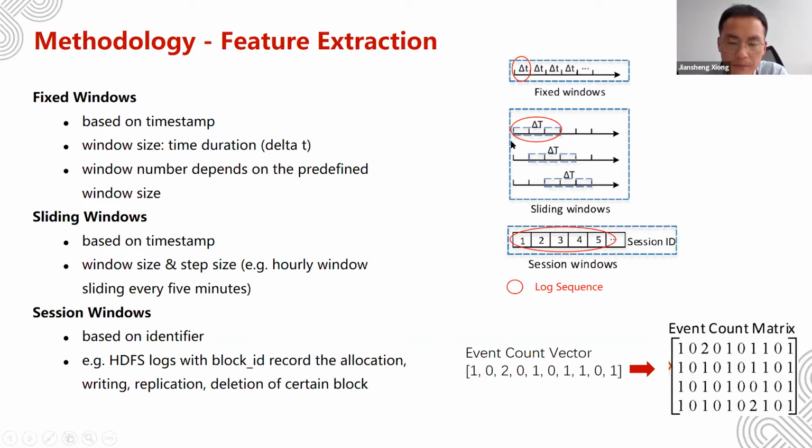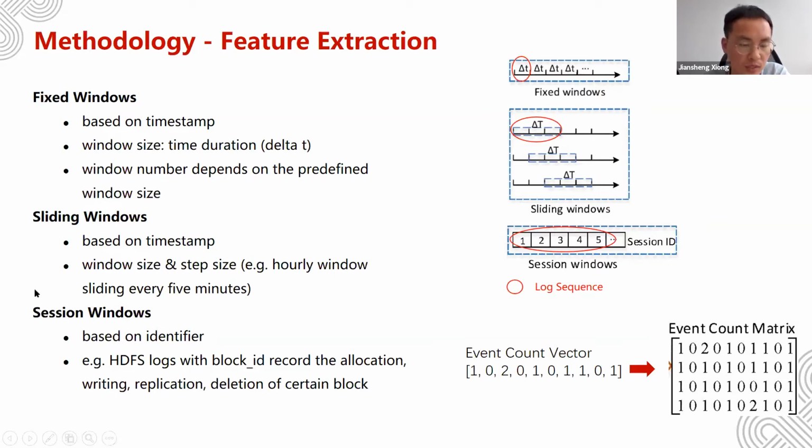This figure shows that window size is delta t, while the step size is a forwarding distance. The number of sliding windows is often larger than fixed windows. It depends on both window size and the step size. Logs that occurred in the same sliding window are also grouped as a log sequence. Those logs may duplicate in multiple sliding windows due to the overlap.